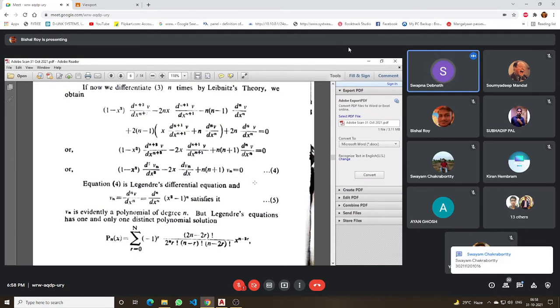Now equation 4 is the form of Legendre equation. See, this is the form of Legendre equation, where the solution is Vn. Vn is equal to dn/dxn of (x square minus 1) to the power n. Therefore, this is a Legendre equation whose solution is Vn.